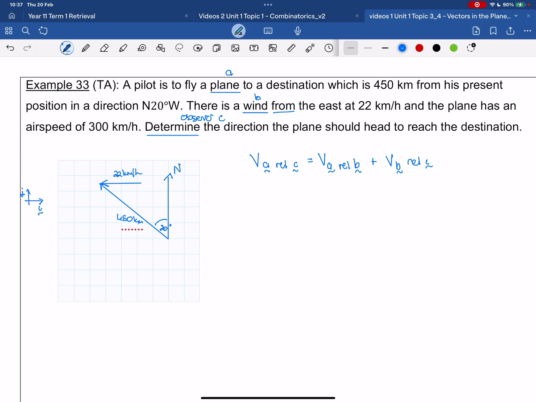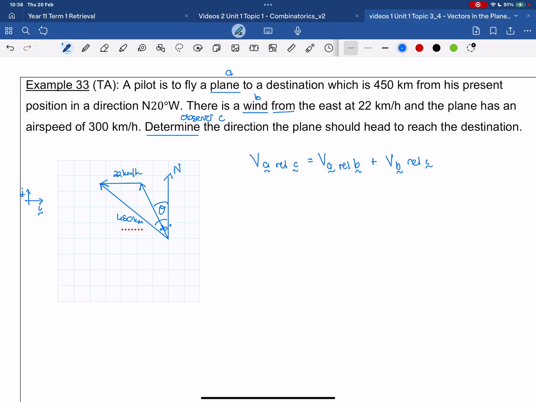So that means if the aeroplane went on our original direct track, the wind would blow it off track. So actually what needs to happen is the aeroplane needs to travel over here at this angle so that the wind can blow it into the point where we are wanting to get to.